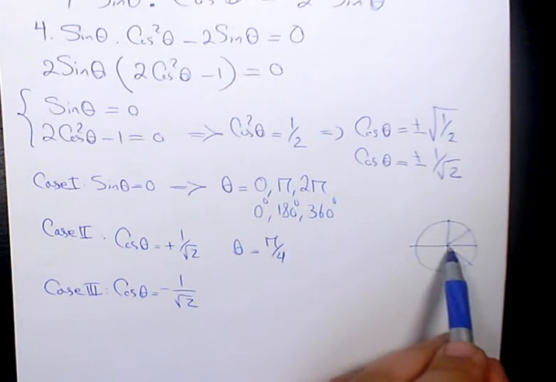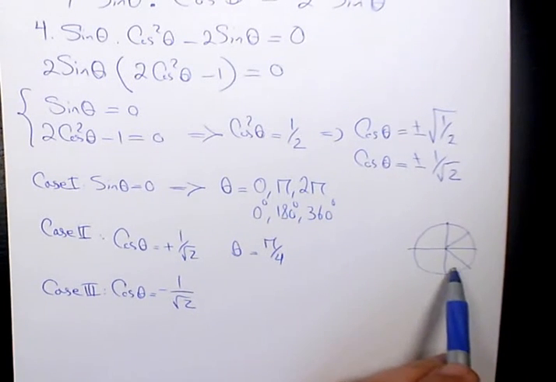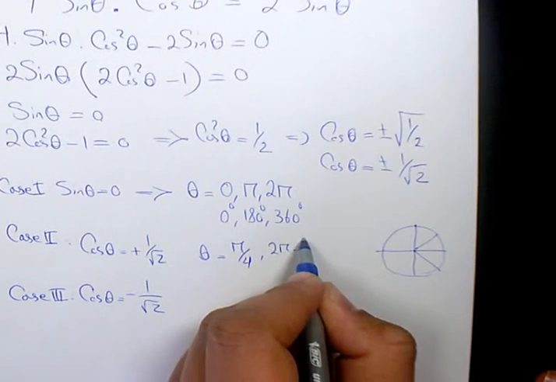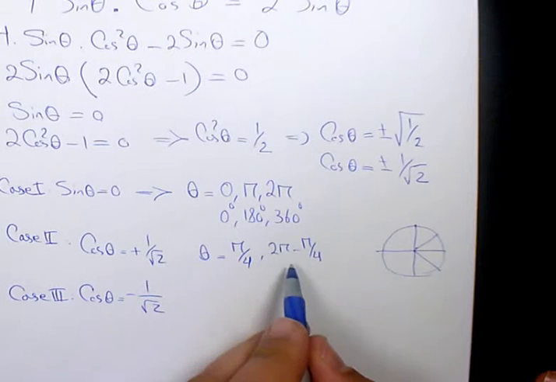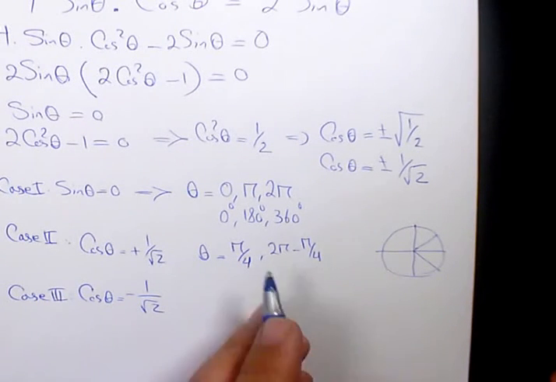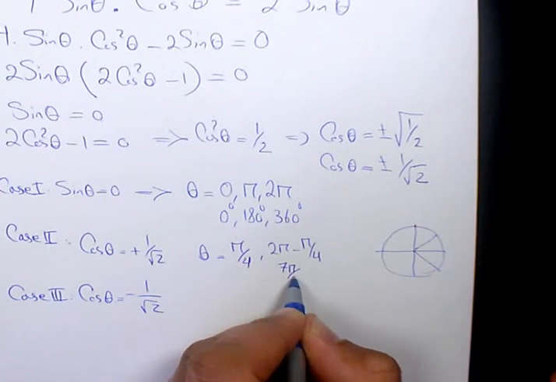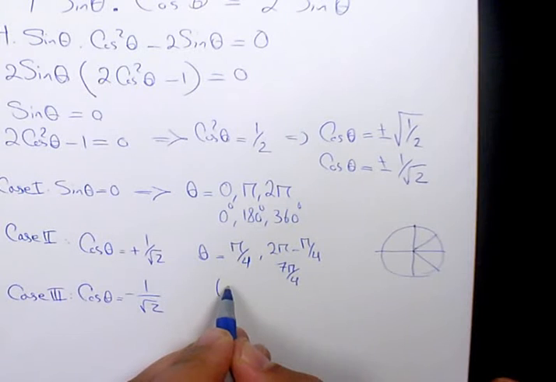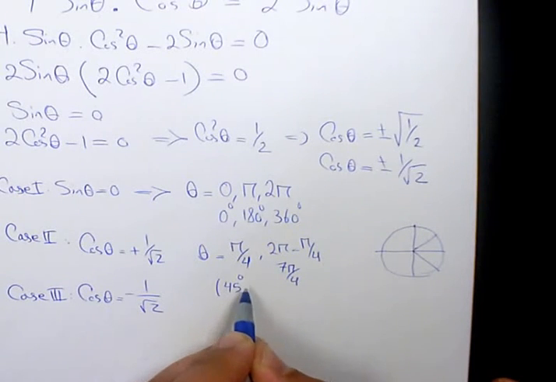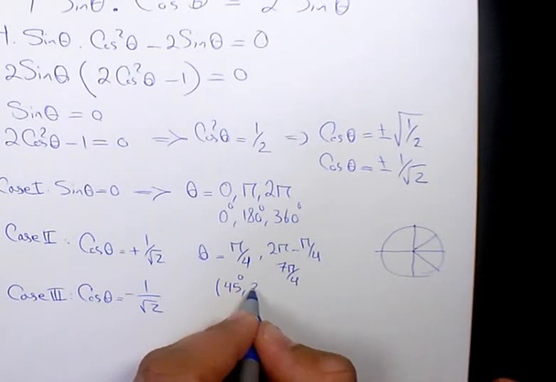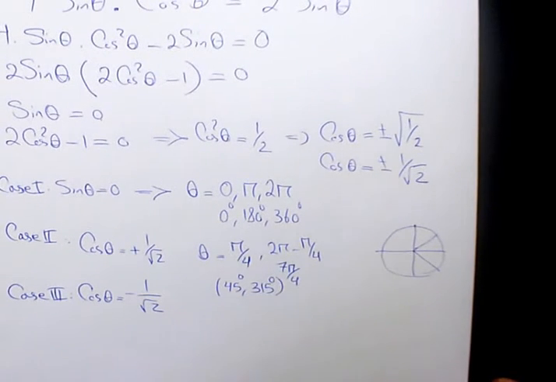And the other one will be the one in quadrant 4, which is going to be 2 pi minus pi over 4. When you do the common denominator, it's going to be 8 pi minus pi, 7 pi over 4. So these are the two answers. If you want to write it in degrees, that one is 45 degrees, and here is going to be 360 minus 45, which will be 315 degrees.